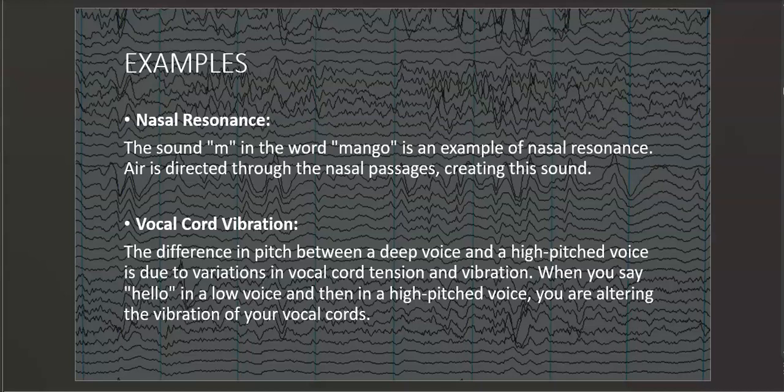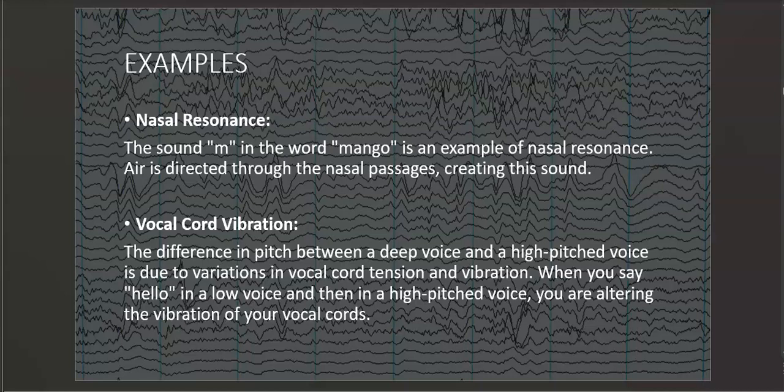This variation or this tension and vibration causes them to have either a low pitch sound or a high pitch sound. So when you say the word hello in a low voice and then in a high pitched voice, you are altering the vibration of your vocal cord. For example, say hello, hello, hello. You notice there's a difference between my vocal cords.